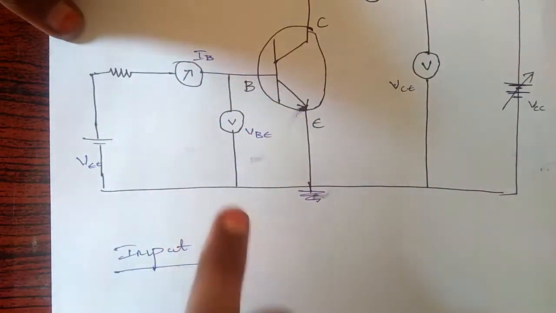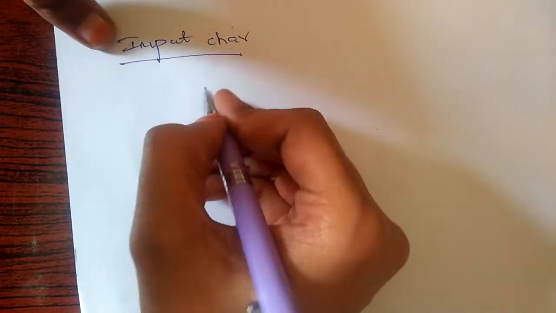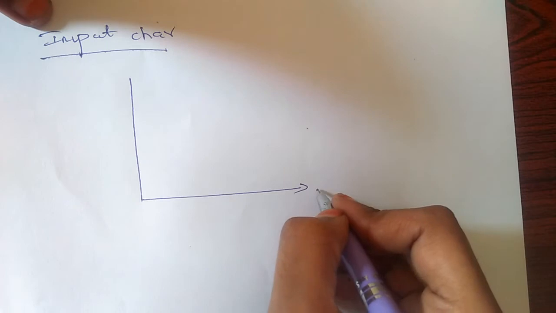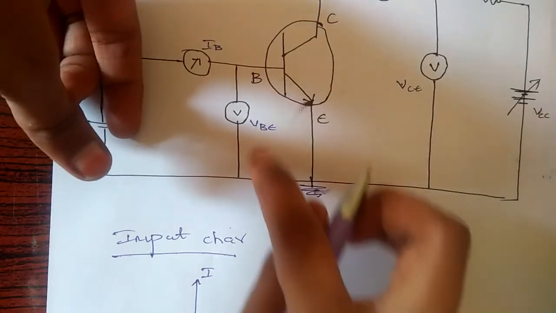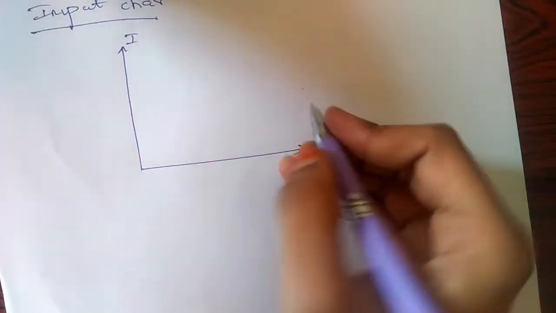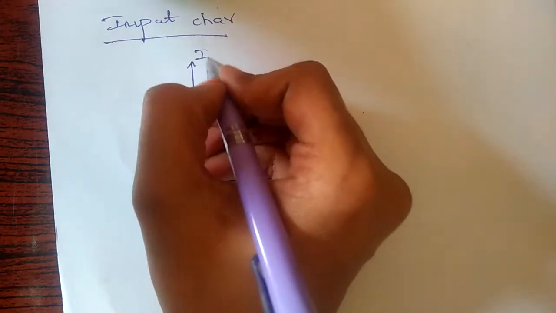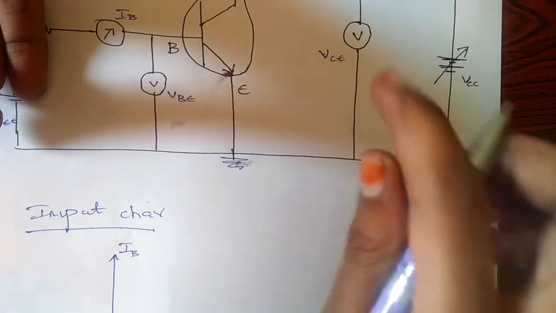The voltage and current will be noted on the graph, with voltage on the x-axis and current on the y-axis. What is the voltage here? VBE. What is the current here? IB. So we keep VCE constant.